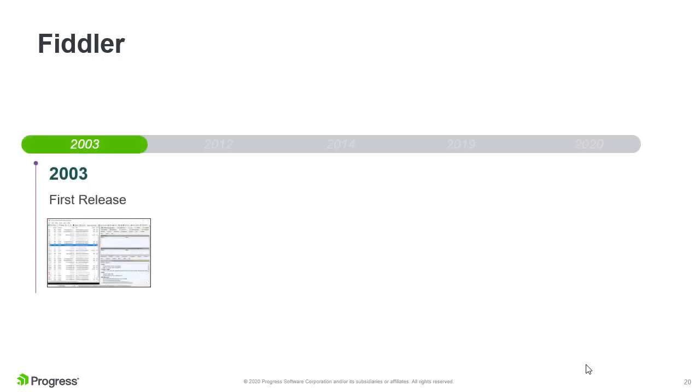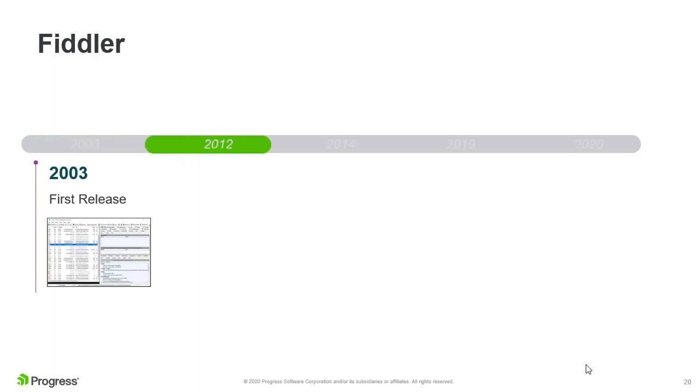And this is the brief history of Fiddler. The first version of Fiddler was released in 2003, and for the next decade, it was the most popular and de facto web proxy tool. And I can't stress enough how Eric Lawrence built a great tool and, most importantly, a great community around Fiddler over the next decade.